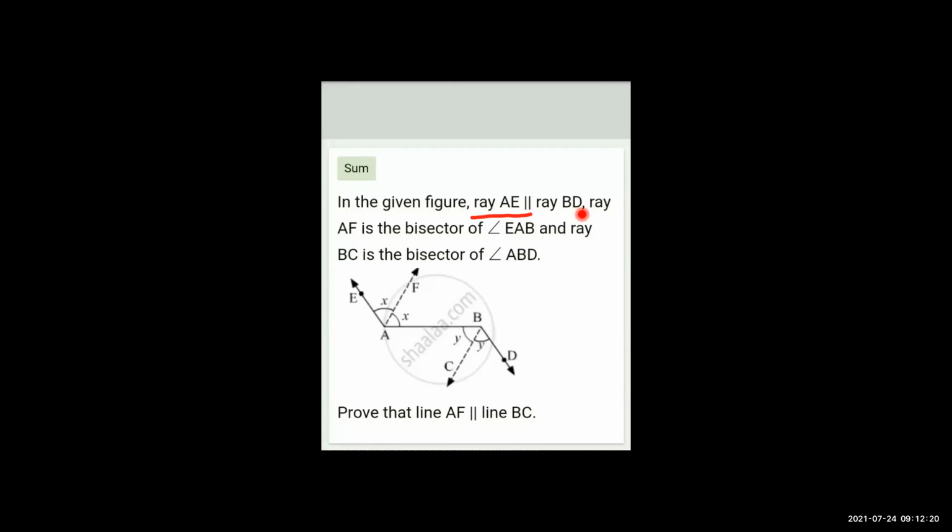You can see clearly this AE is parallel to BD. And ray AF is the bisector of angle EAB. This is angle EAB, and AF is its bisector.